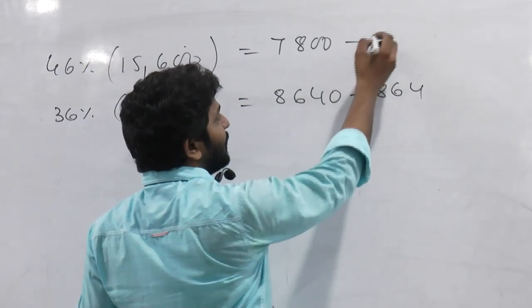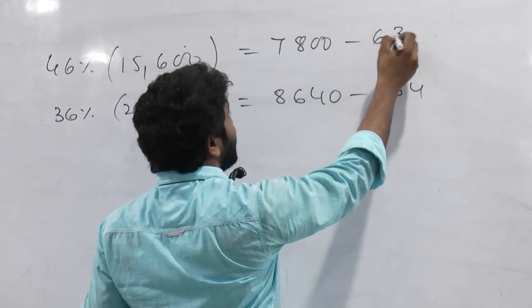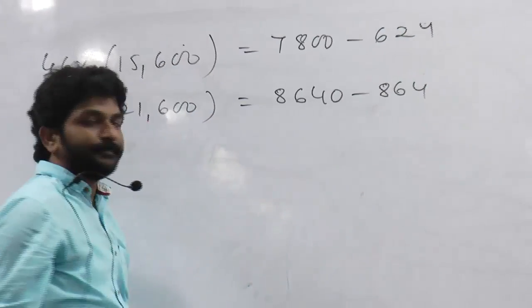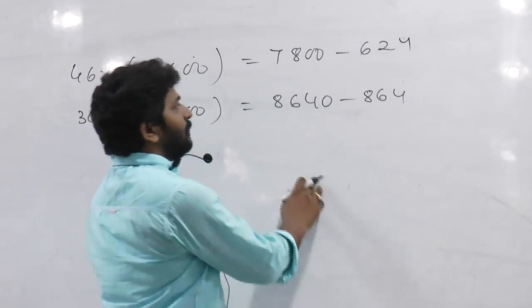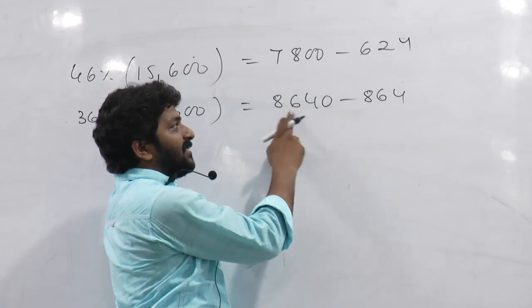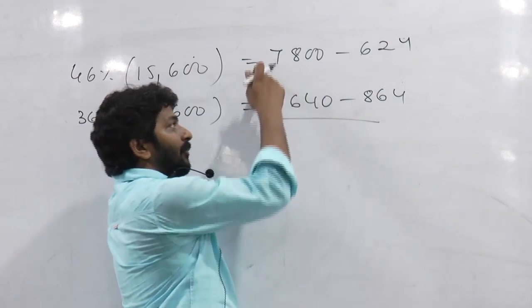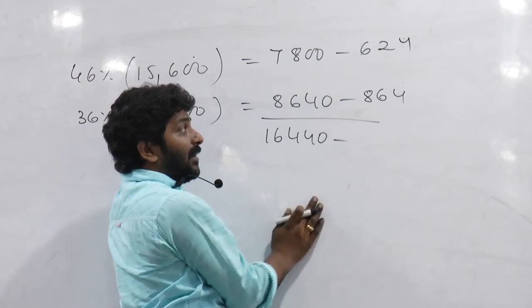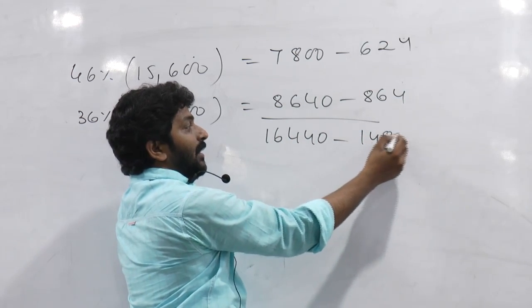So you need to subtract 624. So 7,800 plus 8,640, 16,440 minus 1,488.